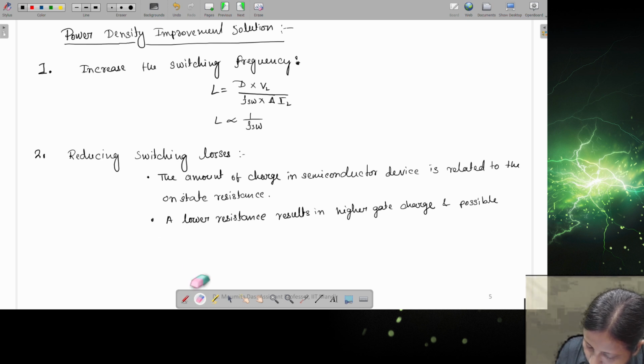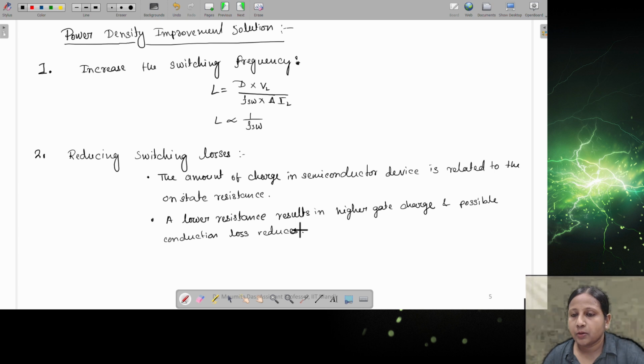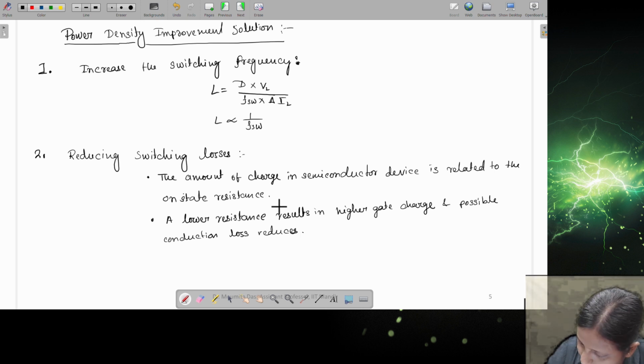The conduction loss can be reduced, the loss reduces, okay, and then switching losses can also be reduced, but there is a problem.